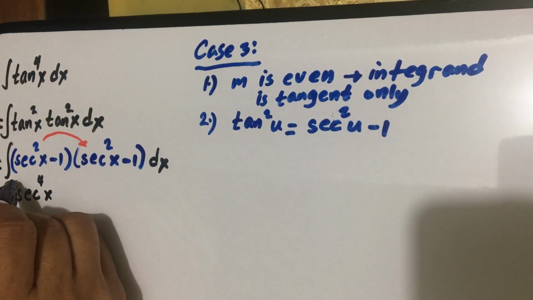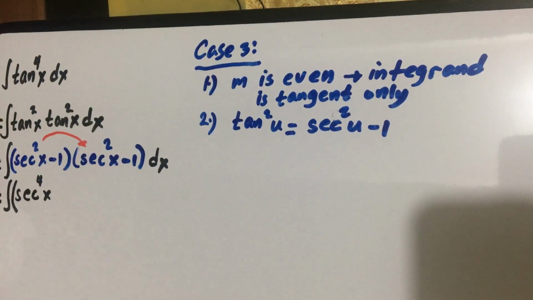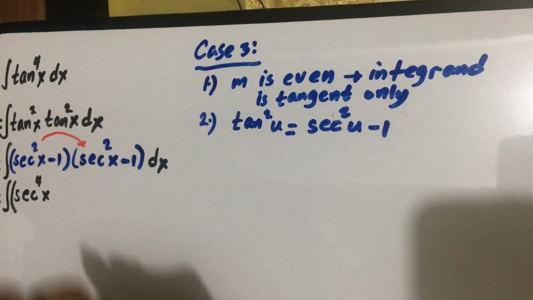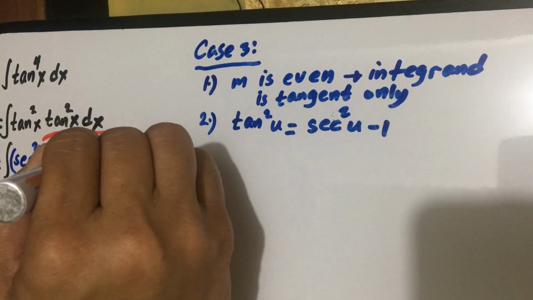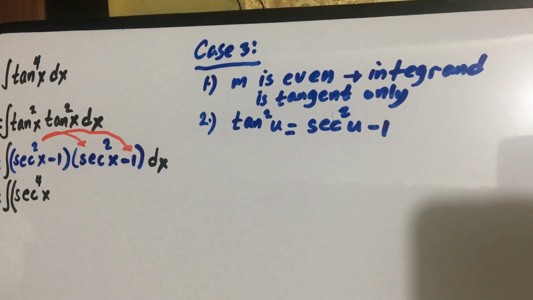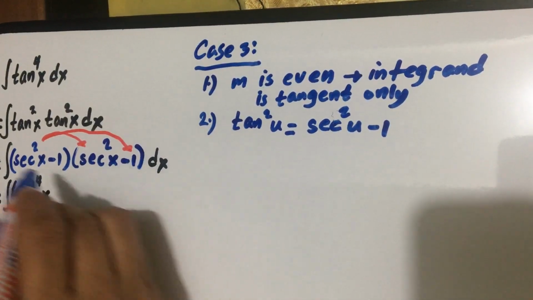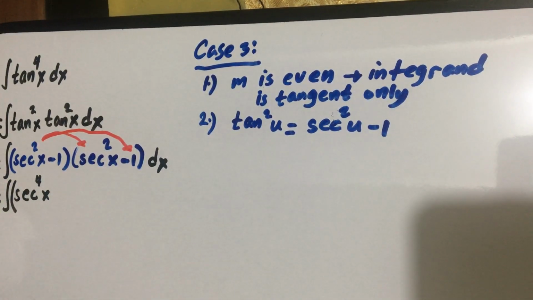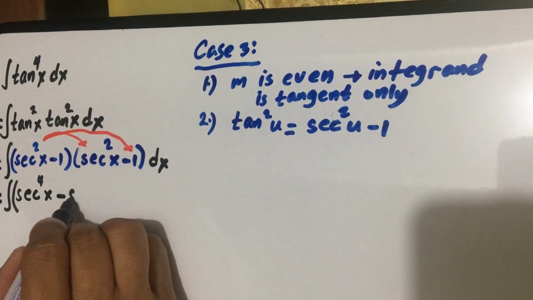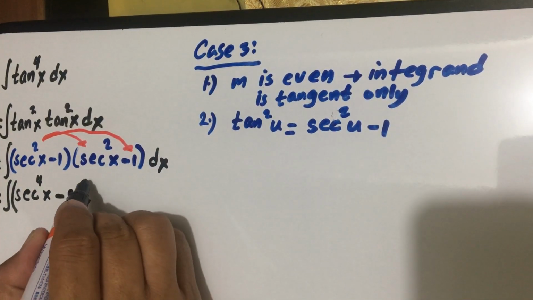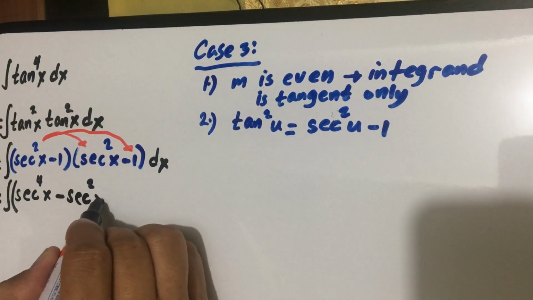Then we multiply the first term and the second term, so that would be minus, because this is minus, this is plus, so minus secant squared x.